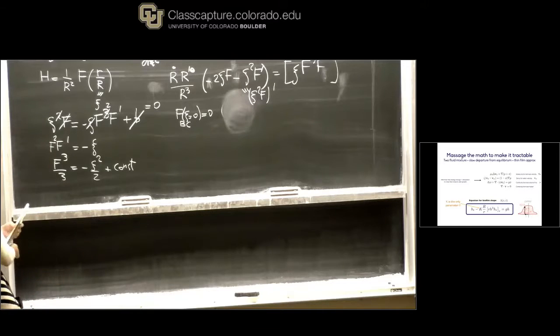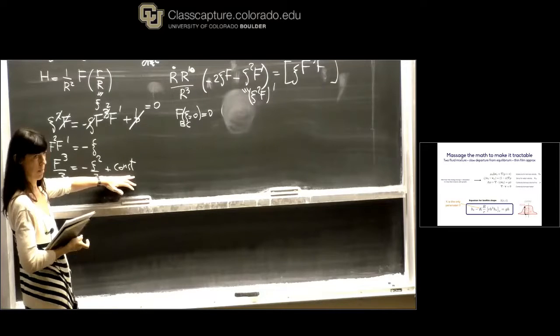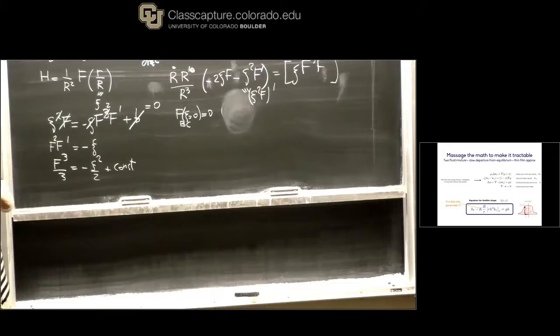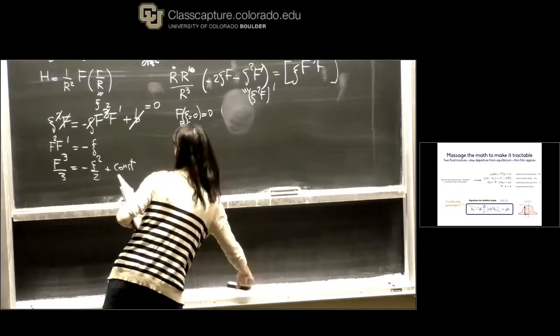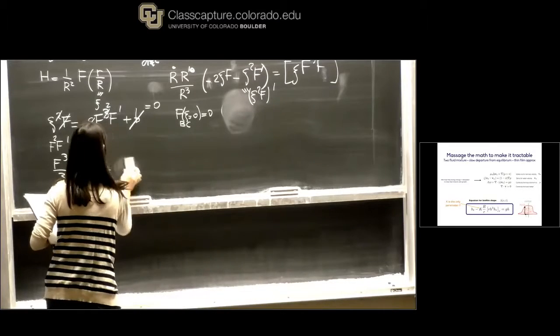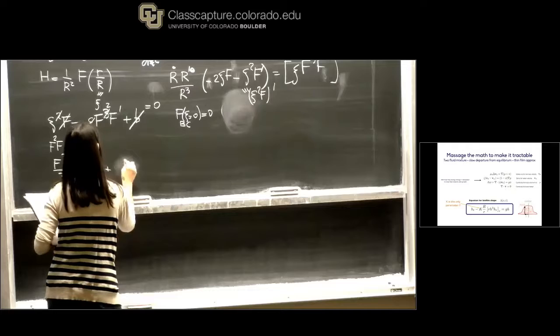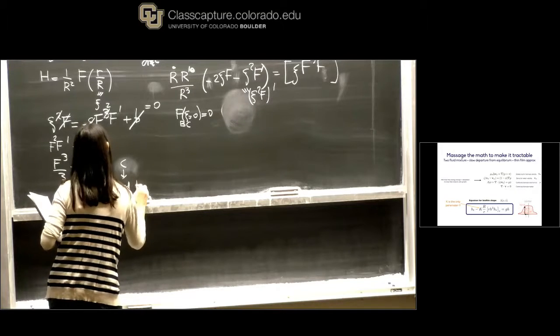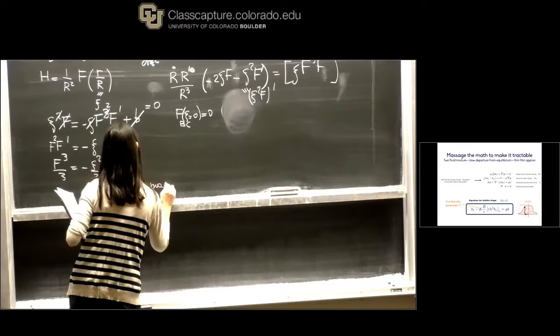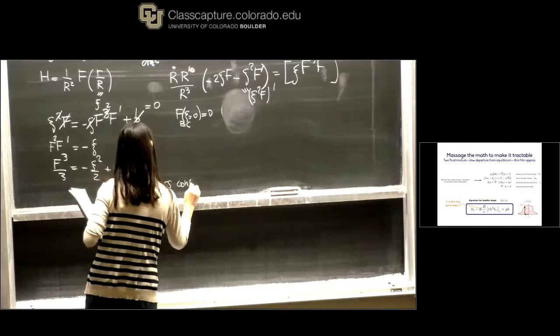Okay, and this constant will be fixed by the mass of the biofilm, right? That's the other boundary condition, so we'll just call it C. Okay, we won't compute it, doesn't matter. Fixed by mass conservation.